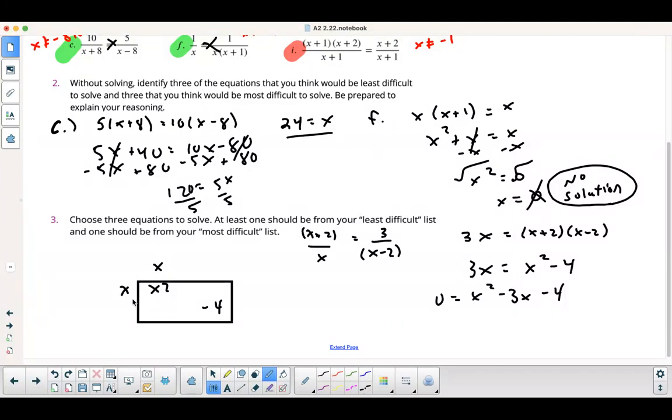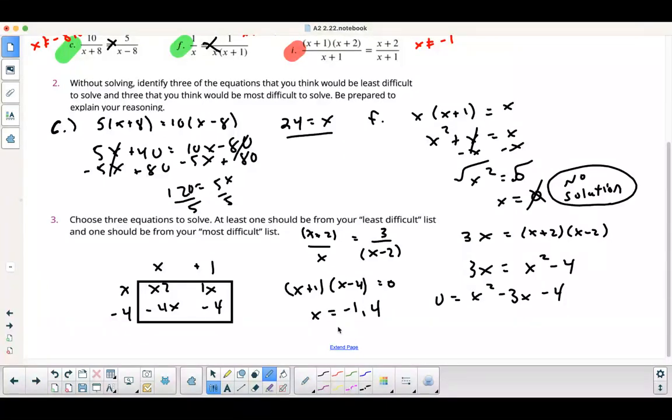That's going to be x and x. I think it's going to be negative 4 and positive 1. Yeah, that'll give me 1x and negative 4x, which gives me that negative 3. So x equals negative 1 and 4.